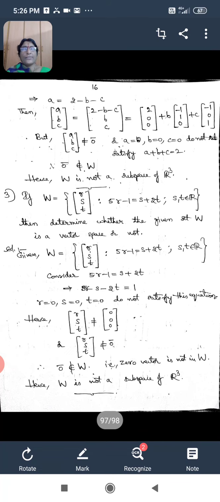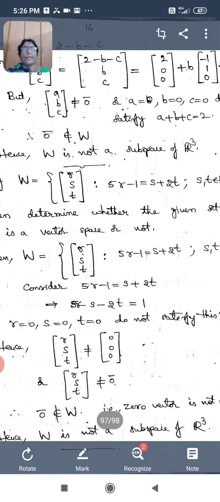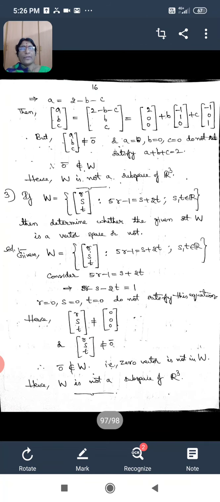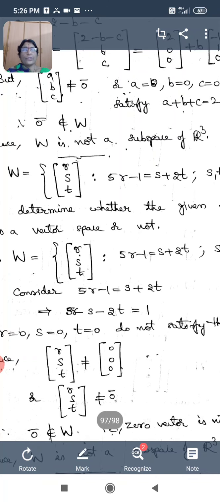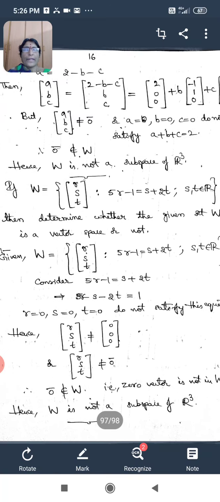This is a single equation, and it is a non-homogeneous linear equation in the variables R, S, T. To get the values of three variables we would need three equations, but here we are given a single equation, which we can rearrange.